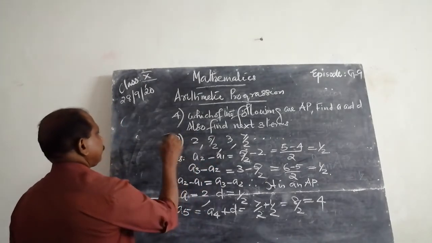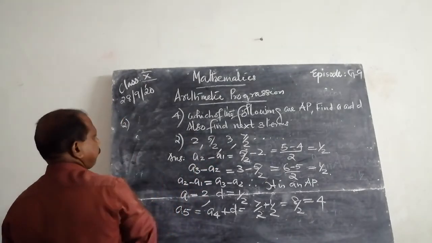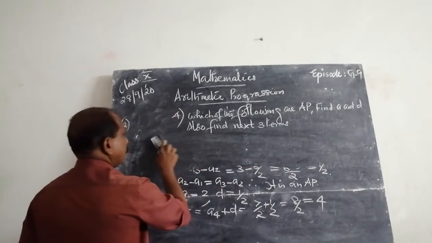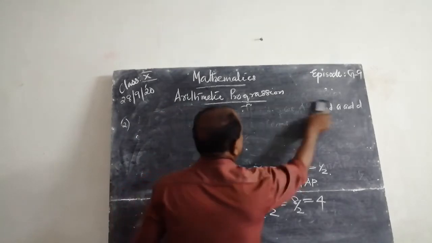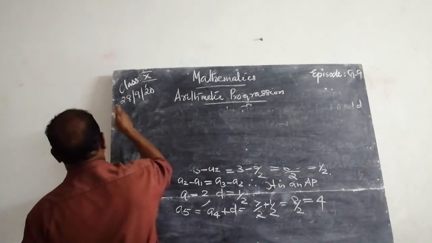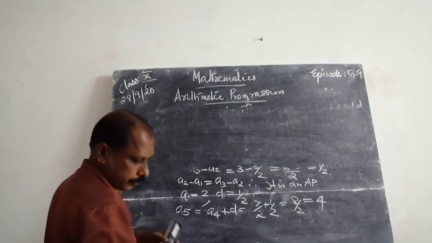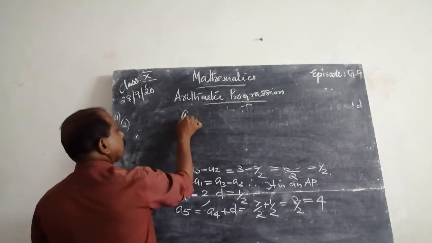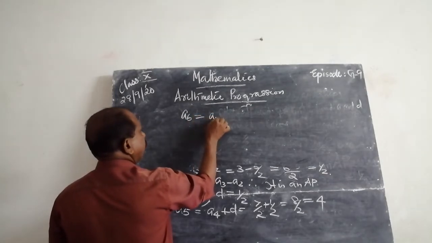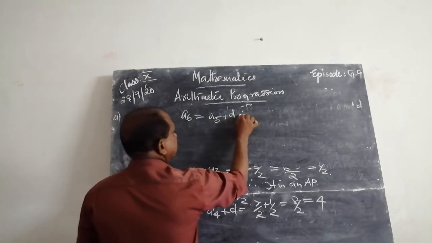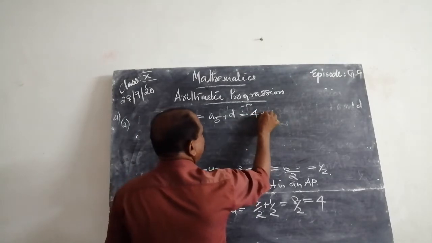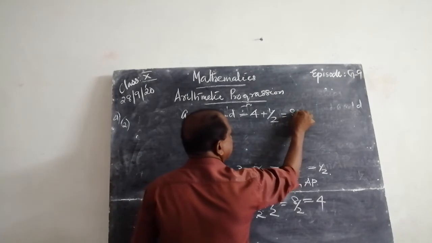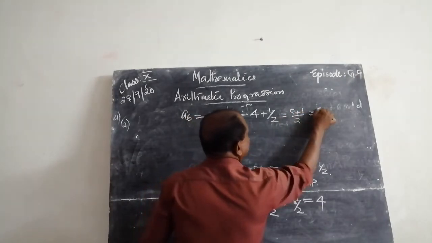Then A6 is equal to A5 plus D, which is 4 plus 1 by 2. 4 into 2 is 8, plus 1 by 2 is equal to 9 by 2.